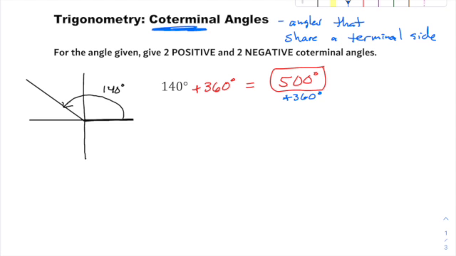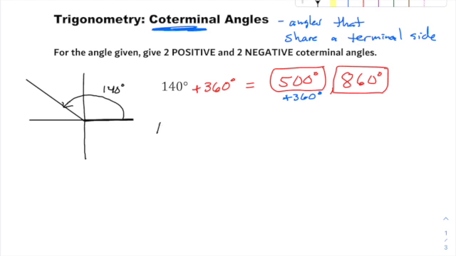So I go 140, add 360, add 360 again. You keep ending up at the same spot, and you could do that all day. So that will give you 860 degrees. So there's two positive angles that are coterminal, and I could keep adding 360 as many times as the question wanted me to. But I think we get the idea.